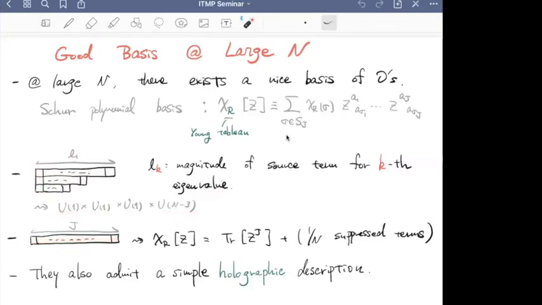In fact, that's consistent with what I said three slides back, because in the large N limit, for a single-row Young tableau, this Schur polynomial operator can be well approximated by the single trace operator.